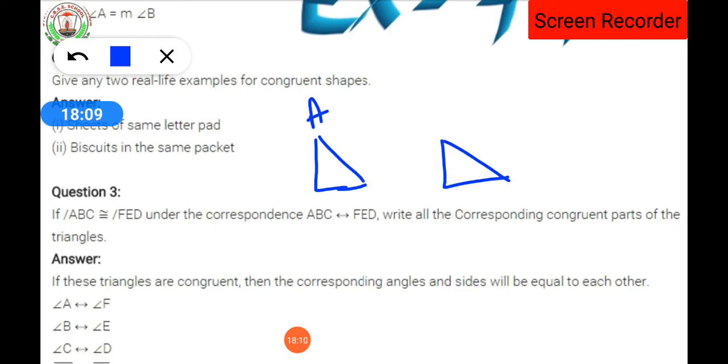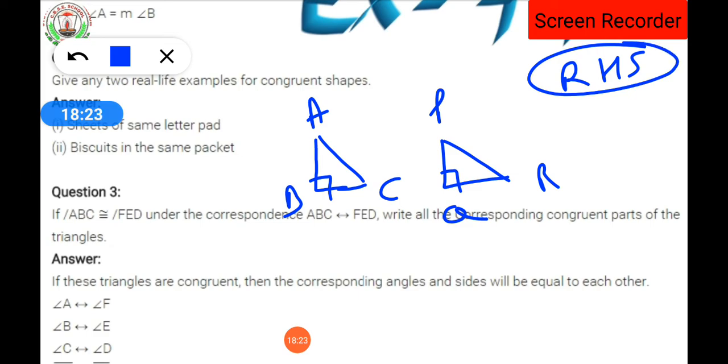Okay, ABC, right angle at B, PQR, right angle at Q. So here we can say that by the RHS right angle hypotenuse side congruence criteria, what it says is that the hypotenuse and one side of a right angle triangle are respectively equal to the hypotenuse and one side of another right angle triangle, then the triangles are congruent.